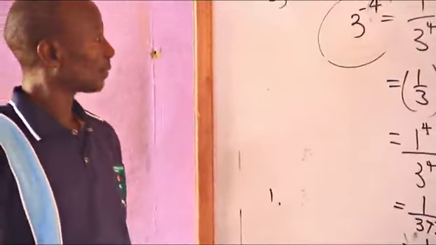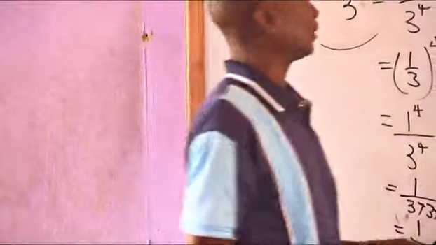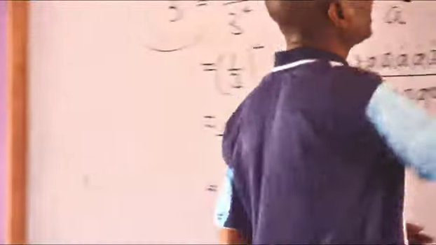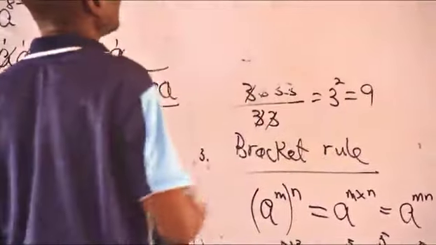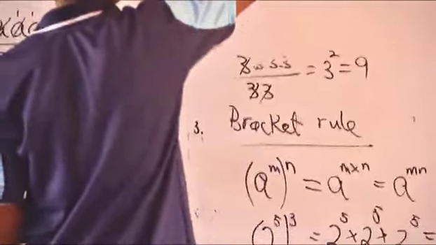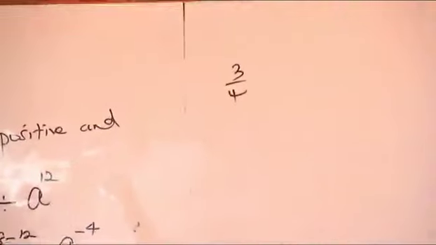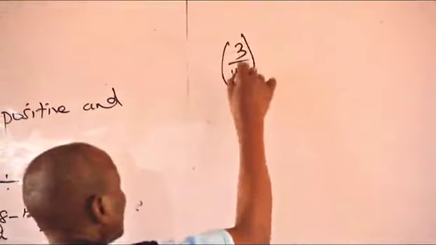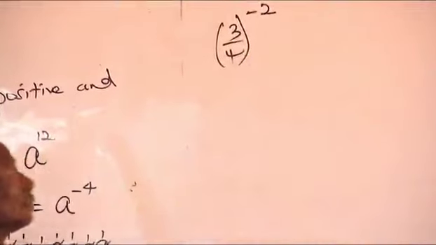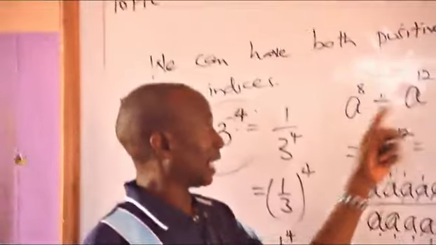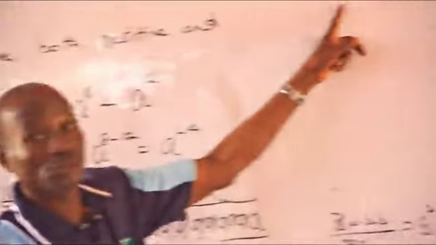Okay, if the base number is not a whole number like 3, if it is something like 3 all over 4 raised to say negative 2. Here, the 3 is a whole number, but this here is a fraction. Then what do you do?